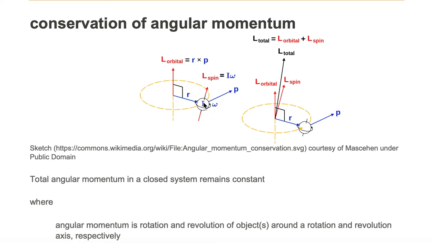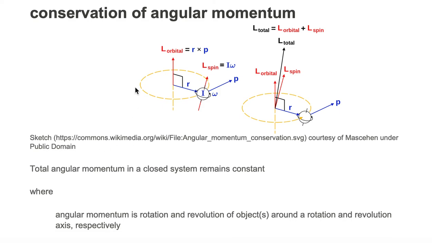We're not looking at any energy or matter being transferred in or out. We're only looking at this particular object, its rotation around its spin axis, and its orbital motion around the orbital axis. So the conservation of angular momentum is that the total sum of angular momentum in a closed system remains constant.